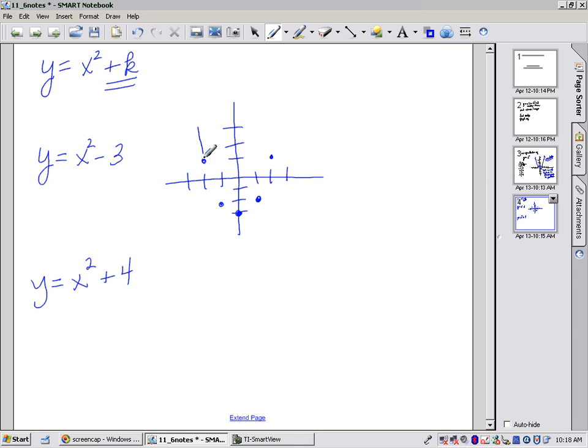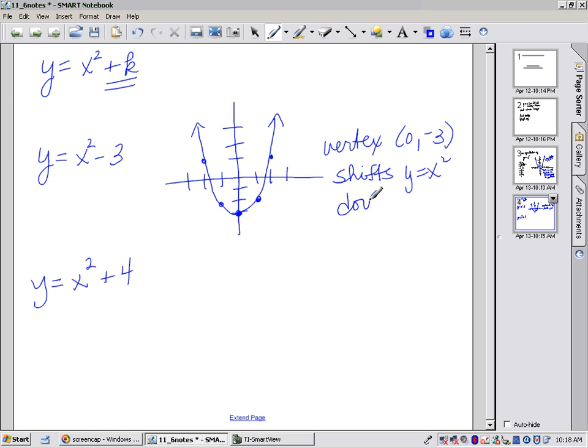Okay. So it's still that same basic shape of the parabola, but it's just been shifted down 3 units. So the vertex of this is (0, -3). So we'll say that this shifts y is equal to x squared down 3 units.